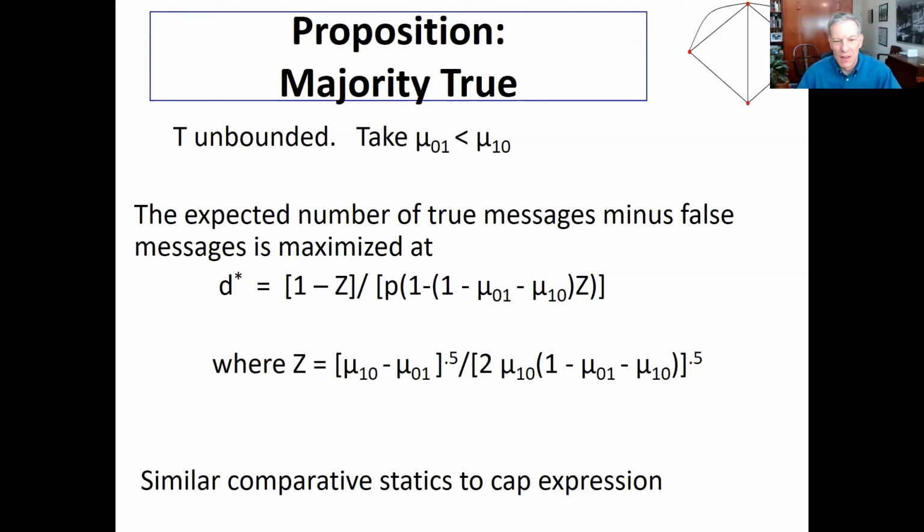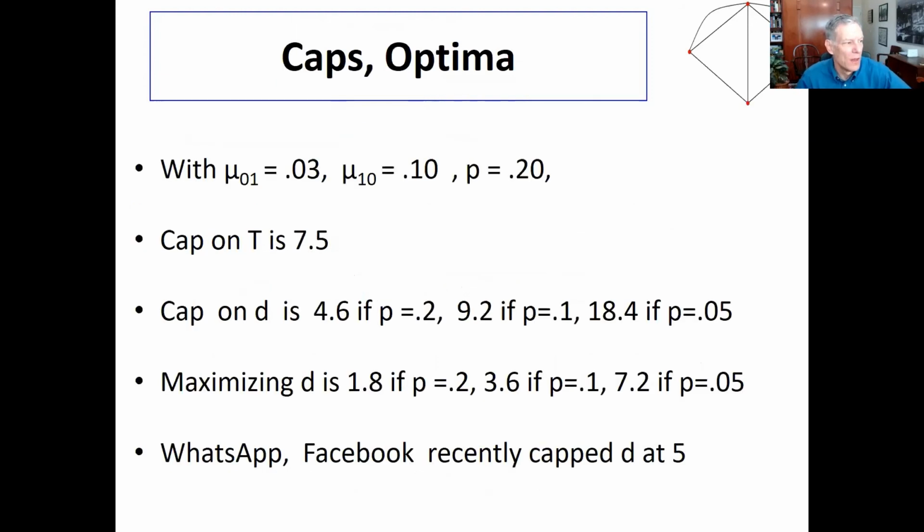This formula is a little more complicated than the other formula, but it's still relatively simple, and it has the same kind of comparative statics as the cap expression, but it's going to be a smaller number than the cap. So you're going to have a smaller cap if you want to maximize the expected number of true minus false. For instance, the maximizing D here would be 1.8.